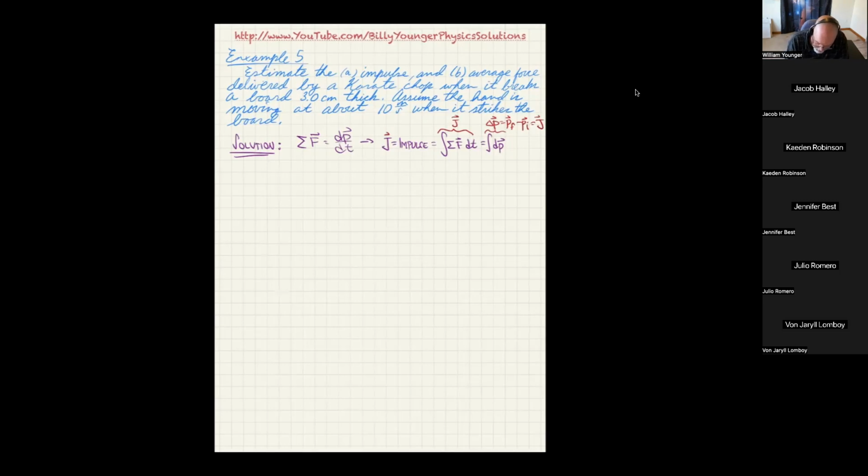So what are we going to do? Well, I'm going to assume the human hand has a mass of about 1.0 kilograms, which is about 2.2 pounds, remember?